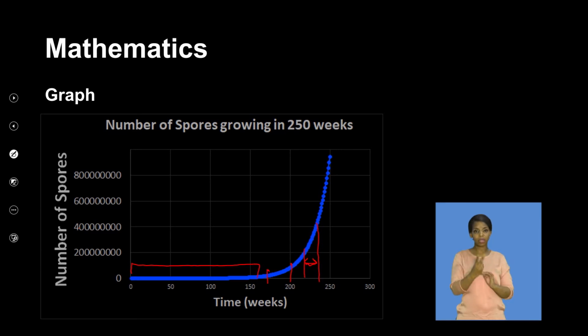And then also, for it to double, it's now a much shorter time compared to the previous one, right? So you can see it doubles in that region there. And also, as you are progressing, you can see it doubles there as well. So it takes very minimal time for it to double, and as you continue like that.